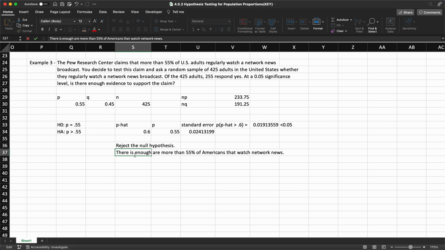There is enough evidence to support the claim that more than 55% of Americans watch network news.